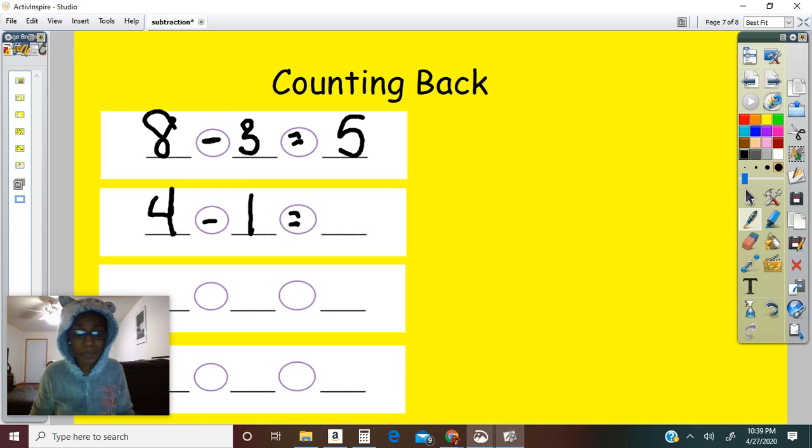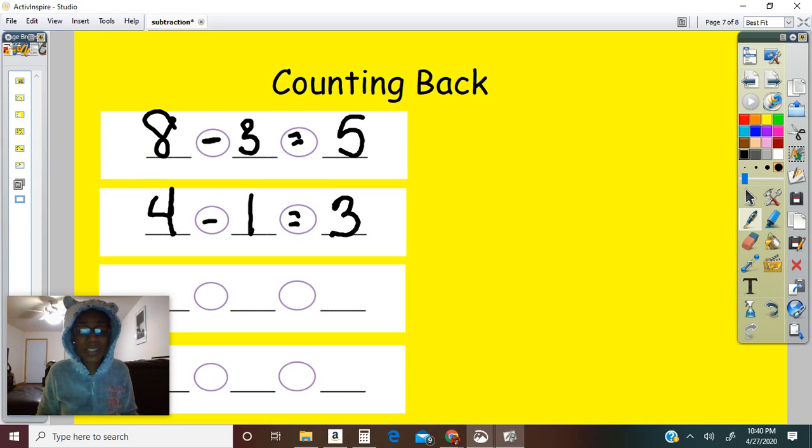Let's try it. 4, 3. What was the last number I said? 3. I know if I start with 4 and I count backwards once, I'll get to the number 3, which means that 4 minus 1 equals 3.